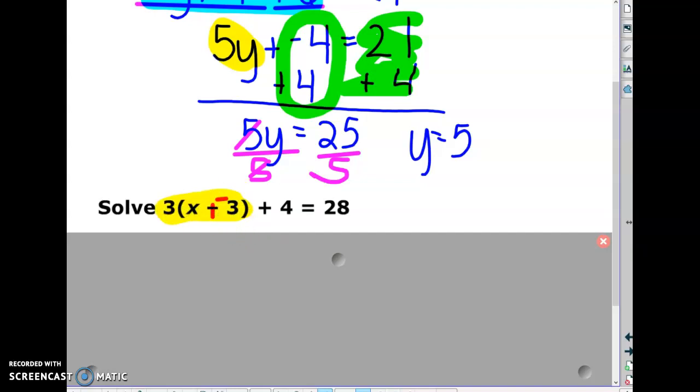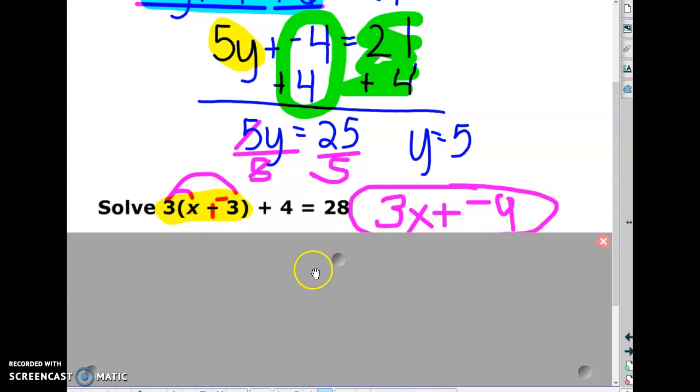So if I was going to distribute, I'm going to take 3 times my first term, which would give me 3x. I change this to a plus sign, and I'm going to take 3 times negative 3, which is negative 9. So that highlighted yellow part is the same as 3x plus negative 9.